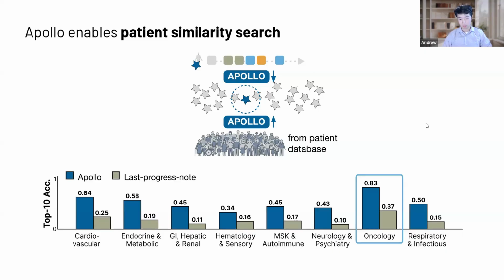So we benchmarked against that, and we show that particularly in oncology, our model does a lot better job at retrieving patients with the similar disease and also treatment profile.